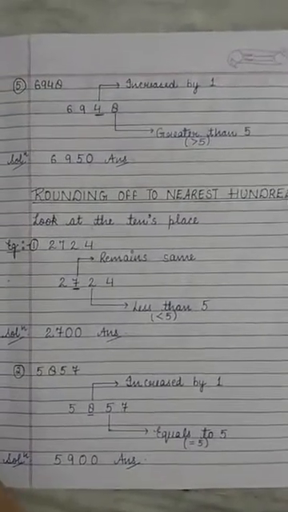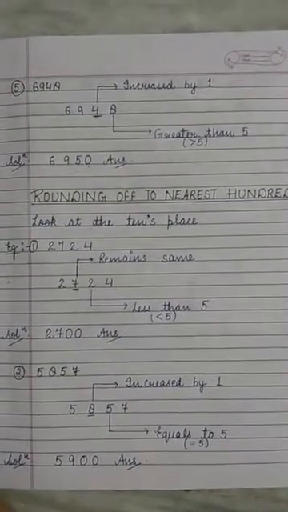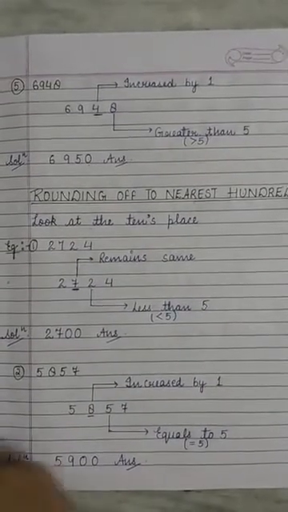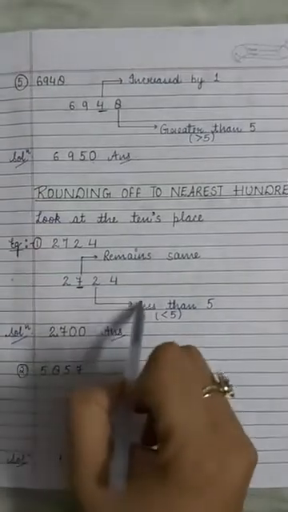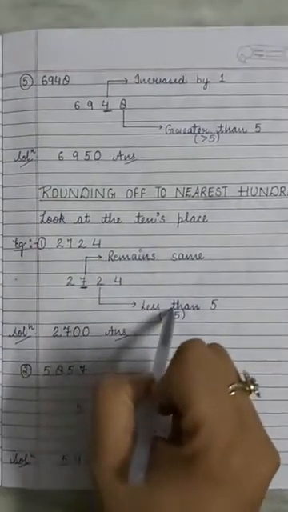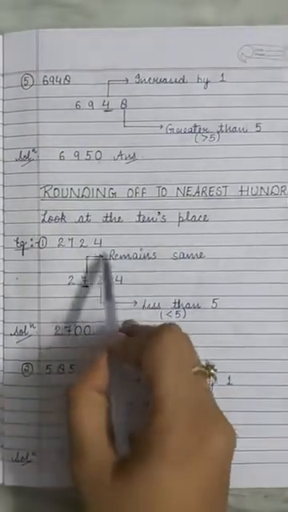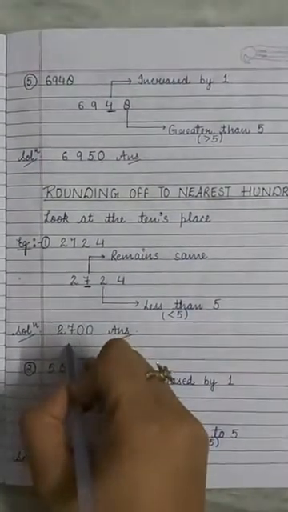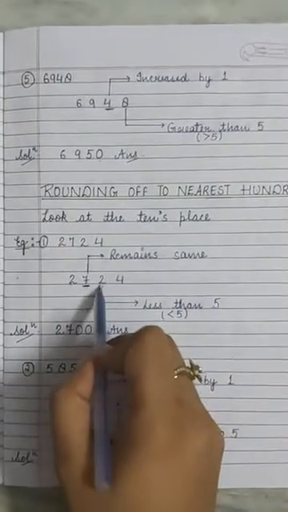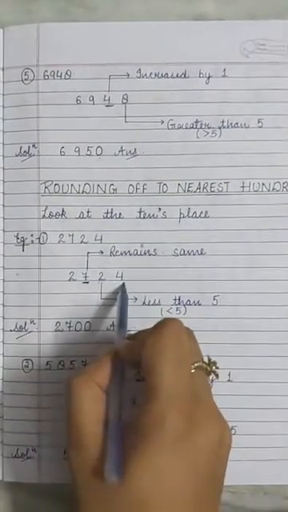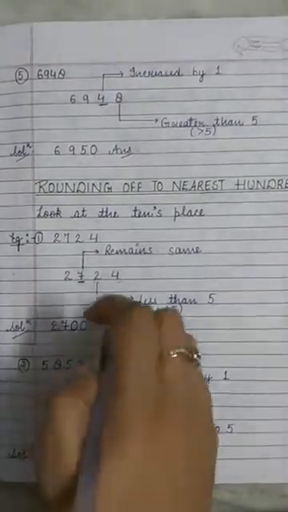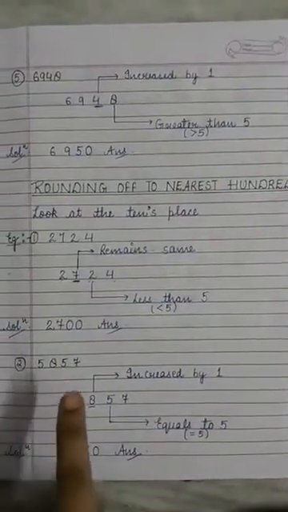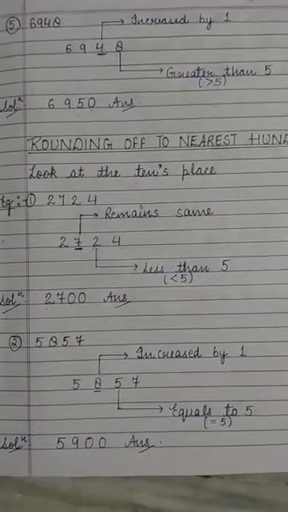Similarly, while rounding off to the nearest 100, we will look at the tens place. So I am observing 2 here. 2 is less than 5. So 7 will remain as it is. 2, 7, and we will replace the tens place as well as the ones place by 0 while rounding off to the nearest 100. Now next example.